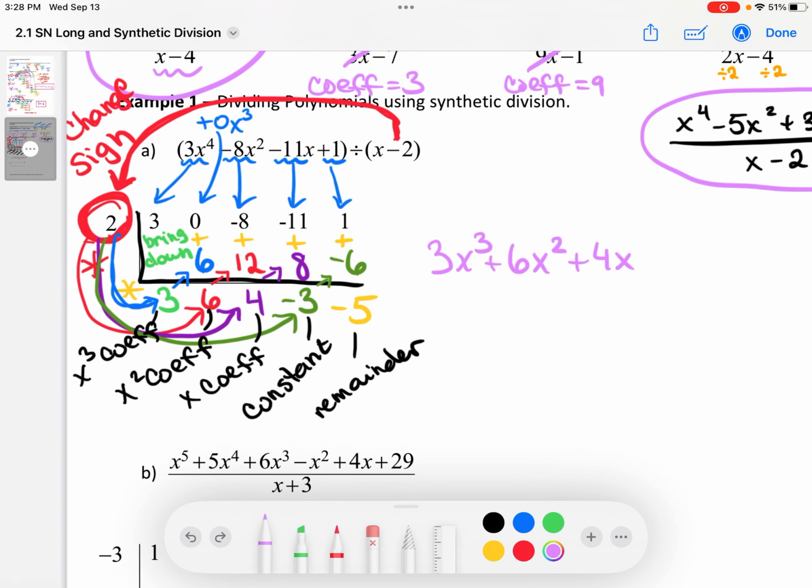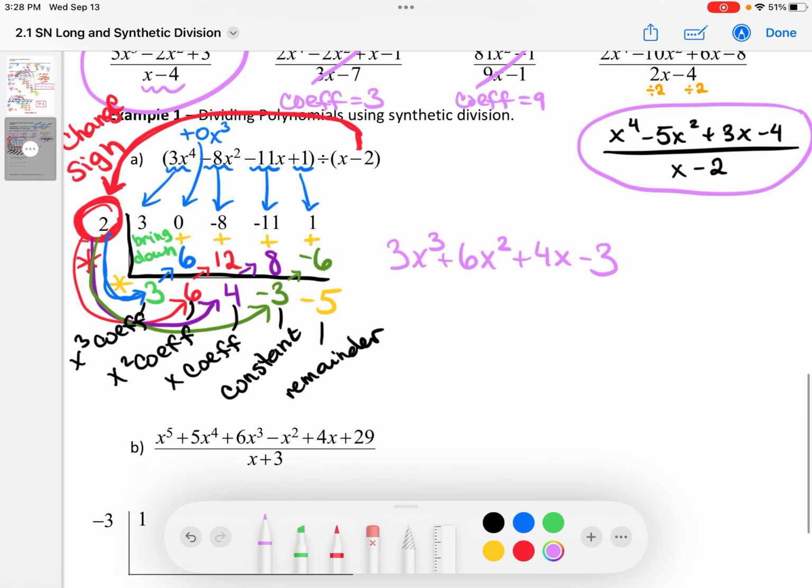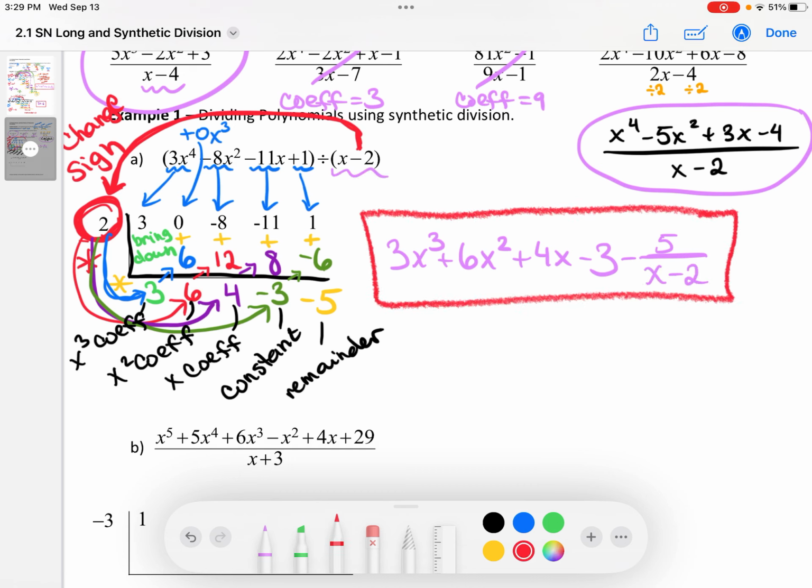Then next is minus 3. That's the constant with no variable. And then the negative 5 is the remainder. So we write it as minus 5 over what we divided by, x minus 2. And this is our final answer.